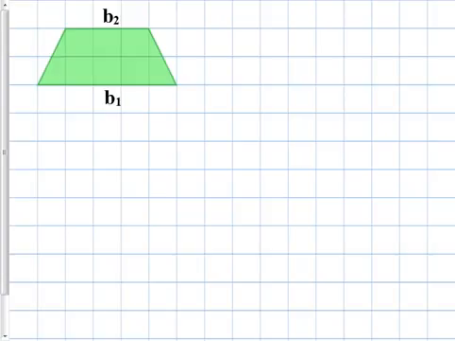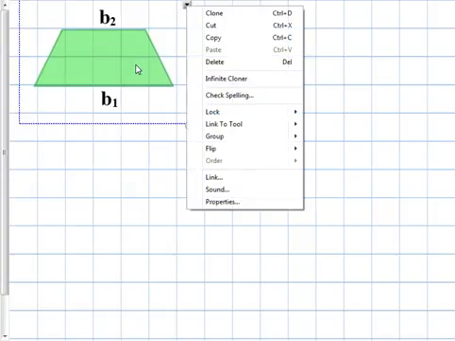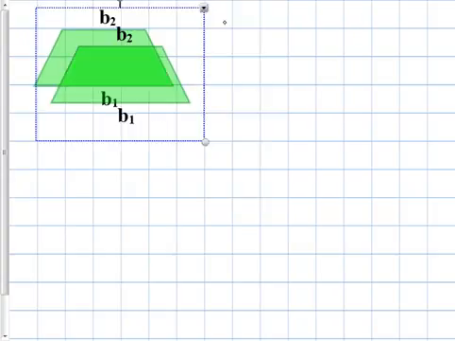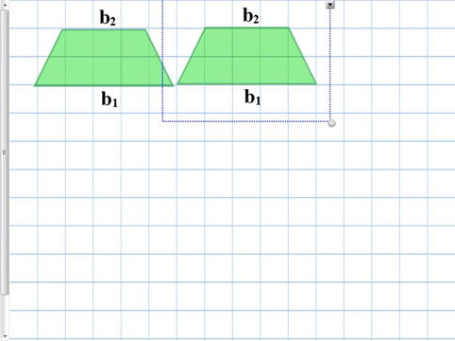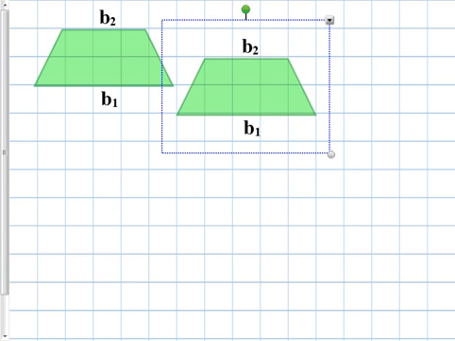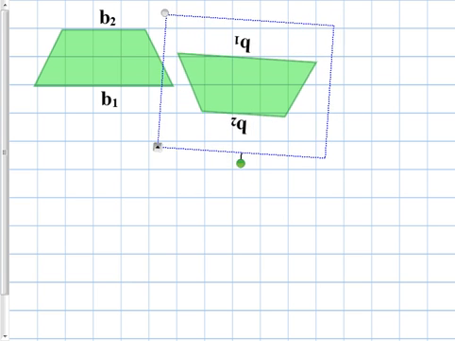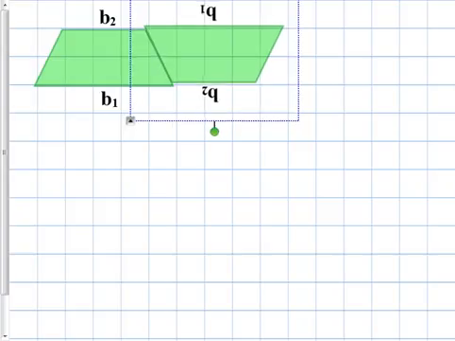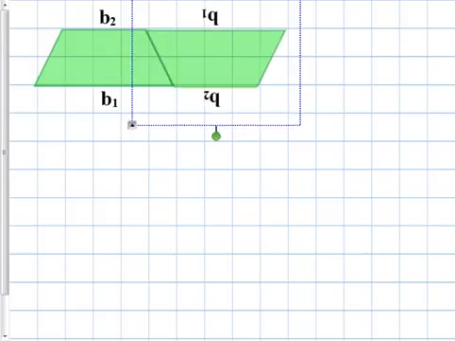We can actually relate the formula for area of a trapezoid to the formula for area of a parallelogram, because let's say that we take this trapezoid and we take another one that is congruent to it. If I turn that trapezoid around and I put my two trapezoids together, what shape am I going to have? I'm going to have a parallelogram.